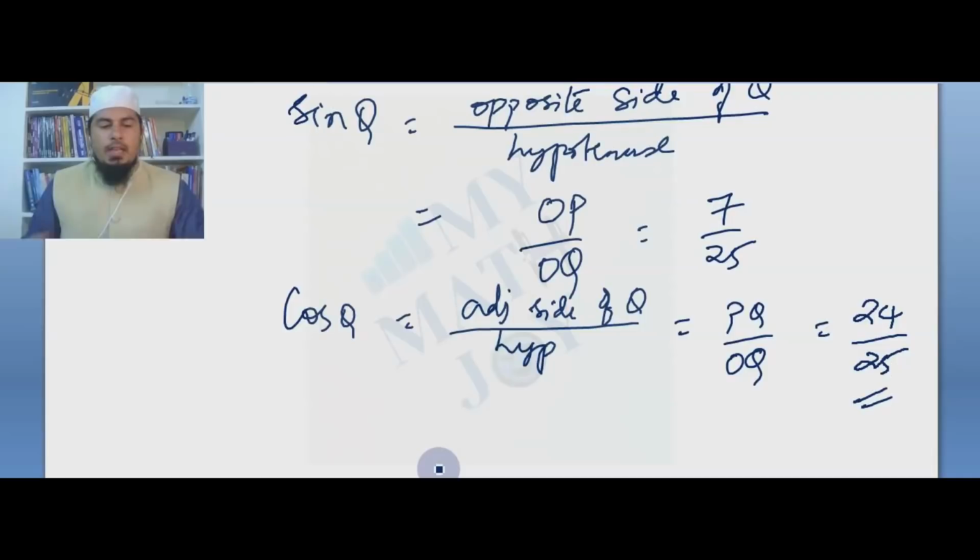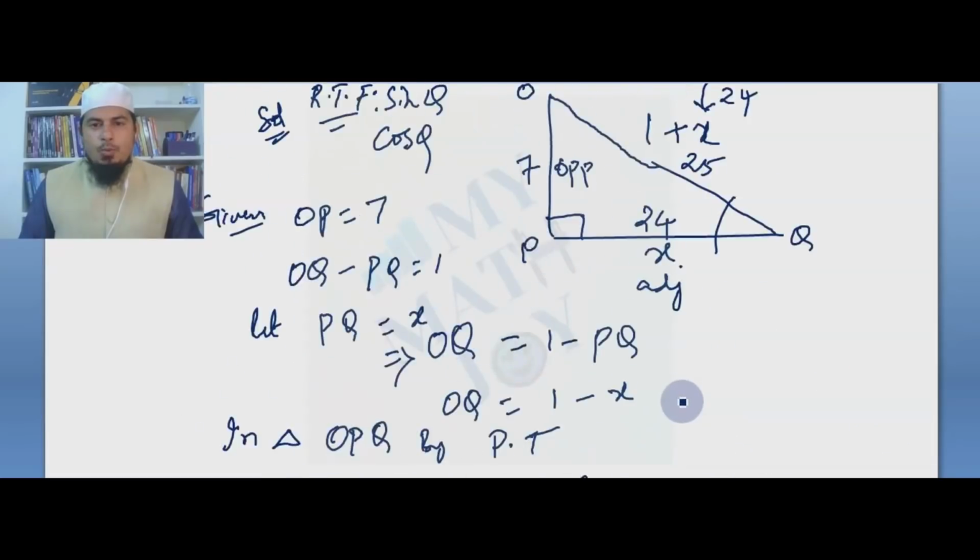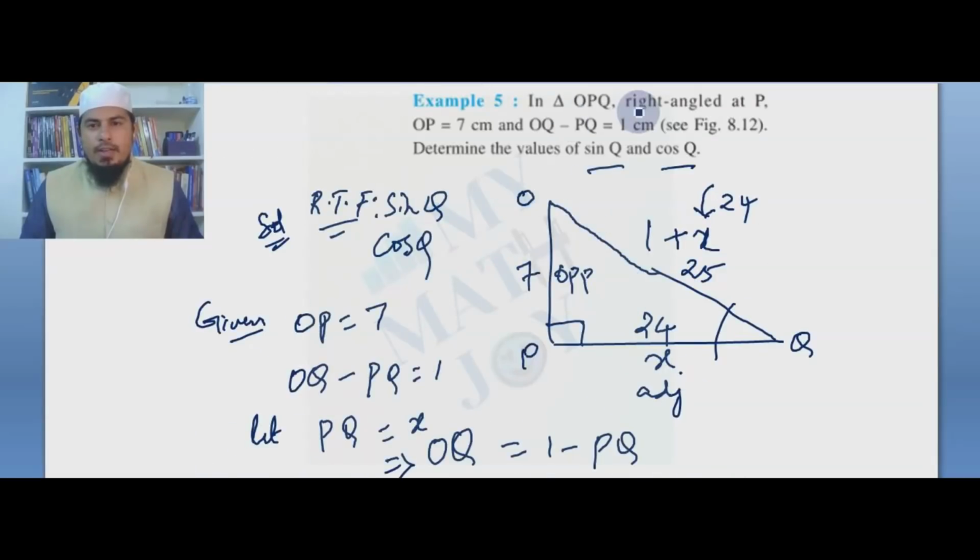In this way, you can solve this type of little tricky question easily. So what was the question here? There was a right angle triangle where one side was given, but the relationship between the other two sides was given. Then we used Pythagoras theorem, supposing one of the two sides as x, and brought the other side's value in terms of x.